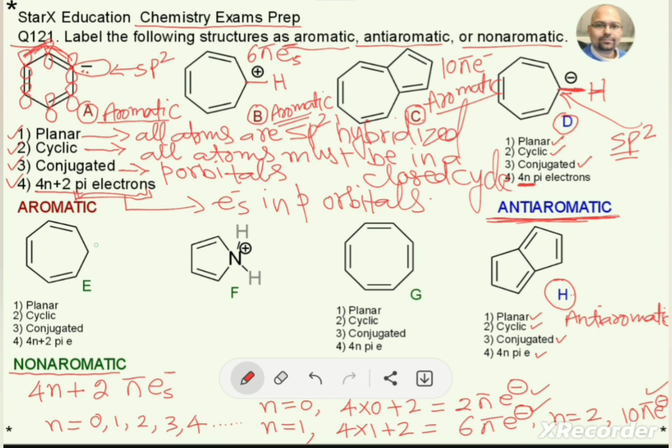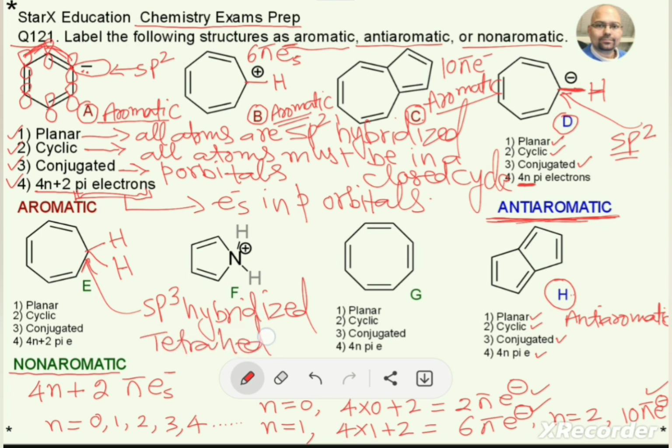To look at that, we must draw this carbon's hydrogens. Once we draw the hydrogens, we quickly notice that this is an sp3 hybridized carbon, and therefore the geometry is tetrahedral. It's no more a planar geometry like it should be with an sp2 hybridized carbon, and for that reason the molecule is not planar.